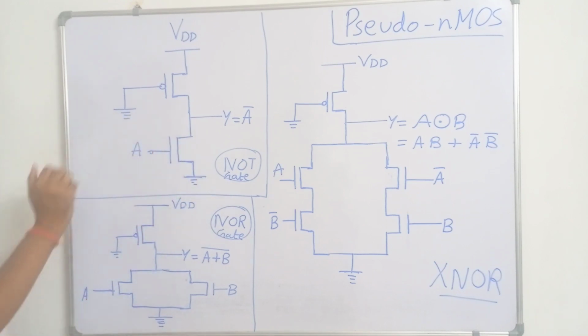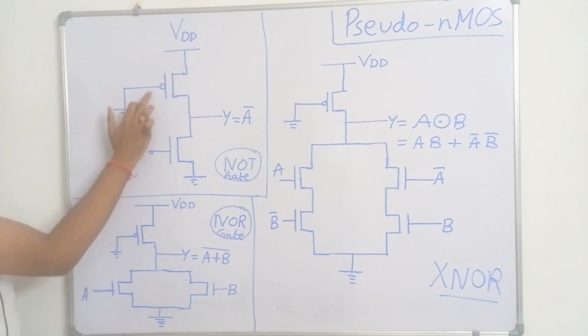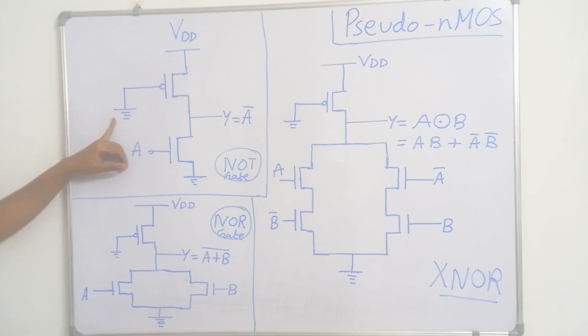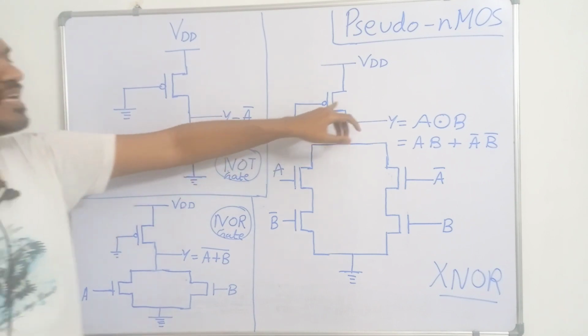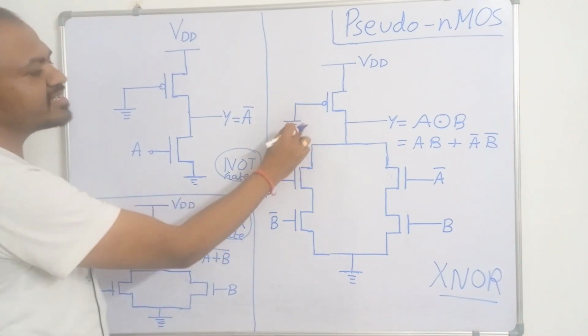In all the pseudo NMOS logic circuits, the pull-up network consists of a single PMOS gate. The gate terminal of this PMOS transistor is always connected to ground. You can see here also the gate terminal of this PMOS transistor is connected to ground.